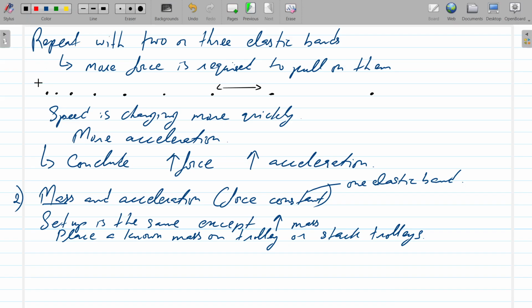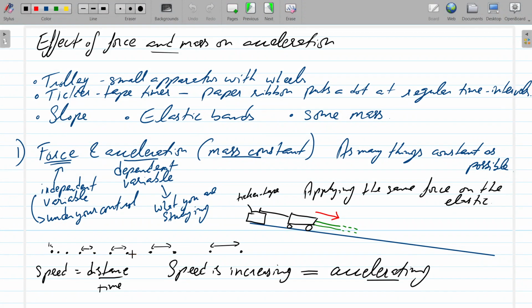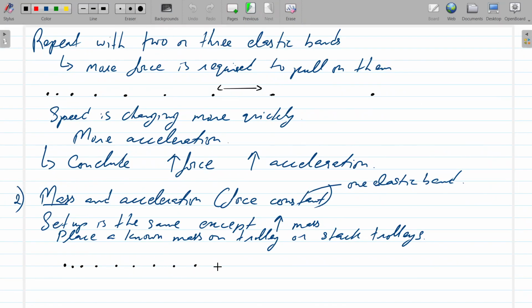And what you notice is when you're pulling it down the slope, the distance between the dots on the ticker tape, and I might not be as accurate with my dot placement, but what you notice is that the dots are not as far apart as they were in the first experiment. So you can see that the distance is growing, again, this is probably not as accurate, but the distance is growing, but it's lesser comparatively.